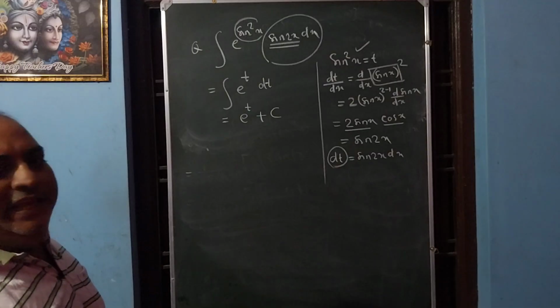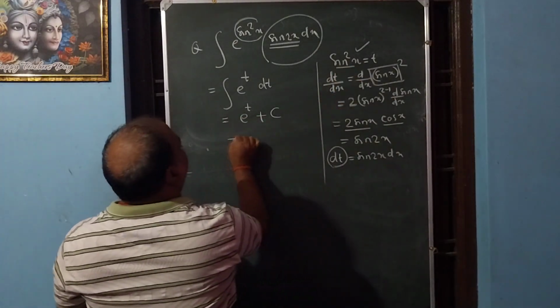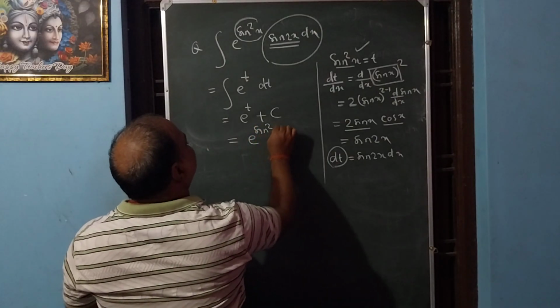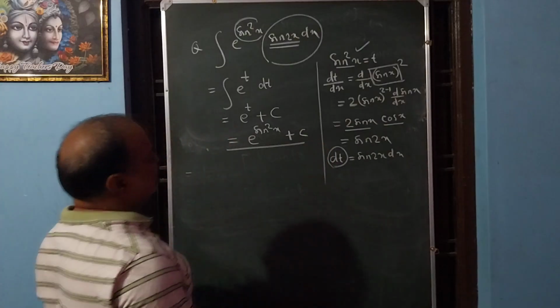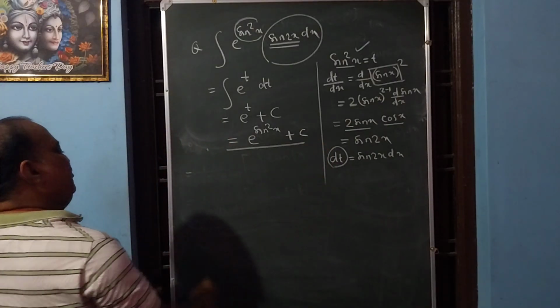Then in place of t, you have to put sin square x. So write down e to the power sin square x plus c. This is the answer. Okay, so write down another question.